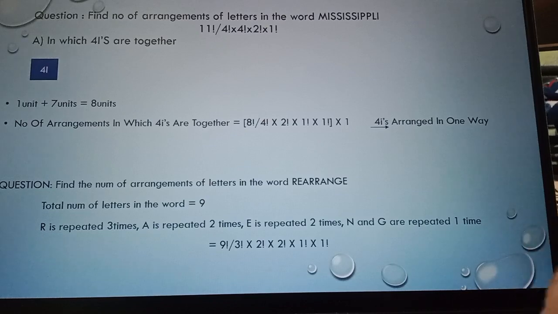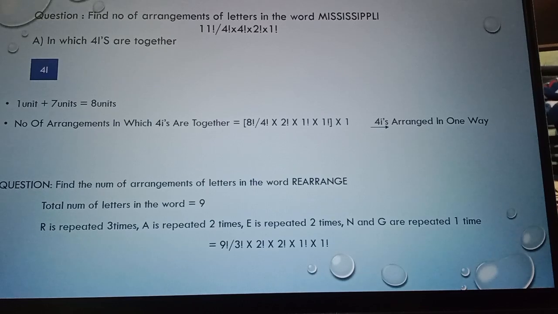In this way we find the number of arrangements of the letters in such words where a particular element is repeated a certain number of times: the total number of objects factorial divided by the repetition factorials. Now the next part: the 4 I's are together.